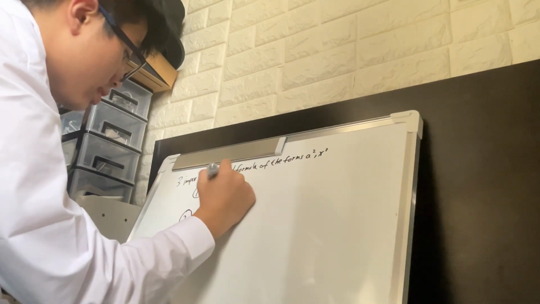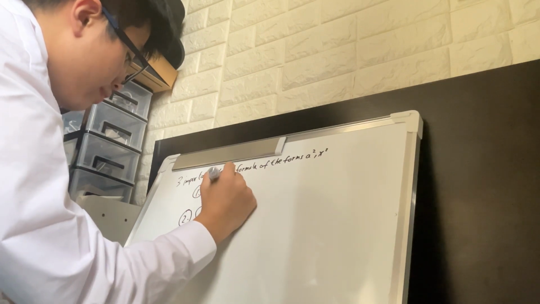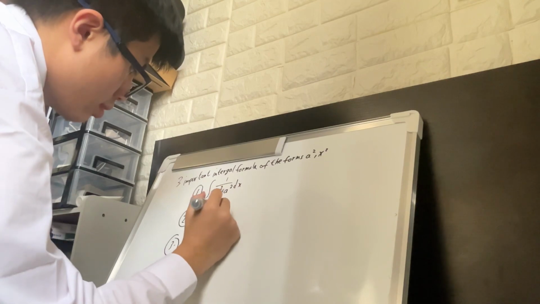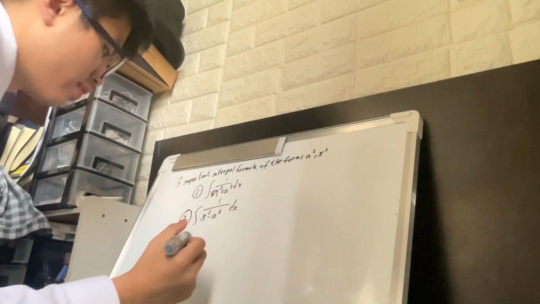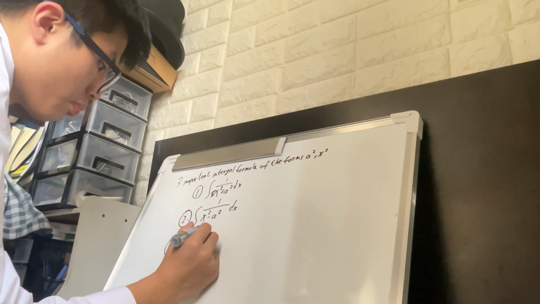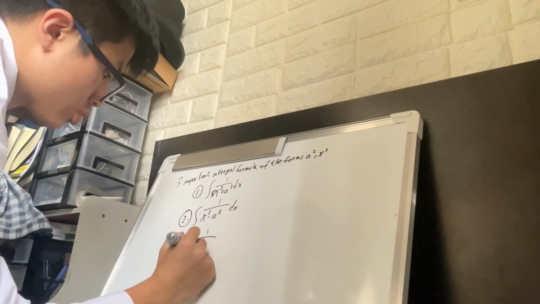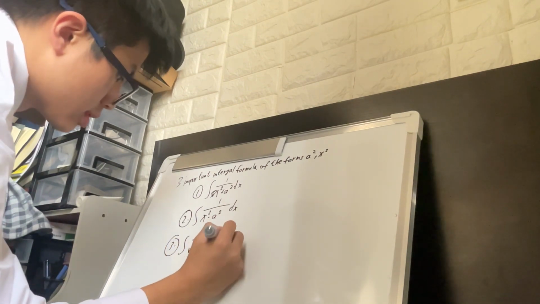So the first one is the integral of 1 over x squared plus a squared dx, and the second one is 1 over x squared minus a squared dx, and then the third one is 1 over the square root of a squared minus x squared dx.